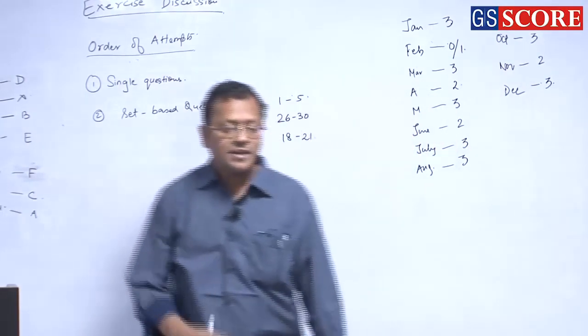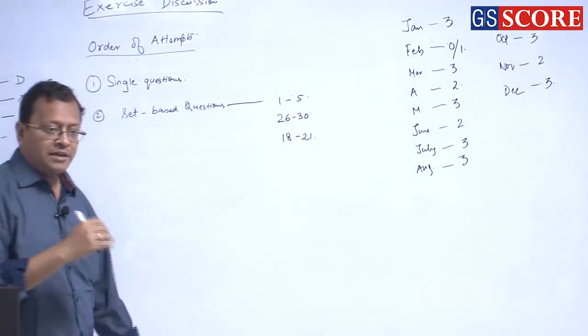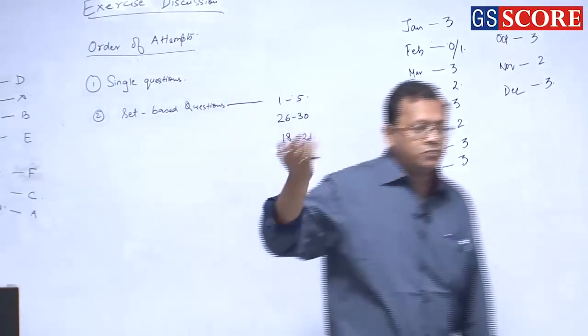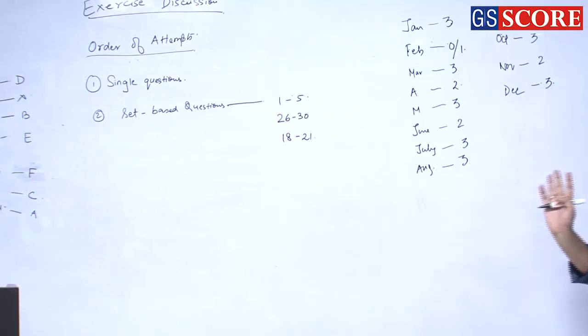Whenever there is a gap of 7 days between 2 months, then that subsequent month, whichever month it comes, that day and date has to be the same. September has 2 odd days, 2 plus 3, 5, 5 plus 2 is 7. So 7 means 1 week, which means 0.